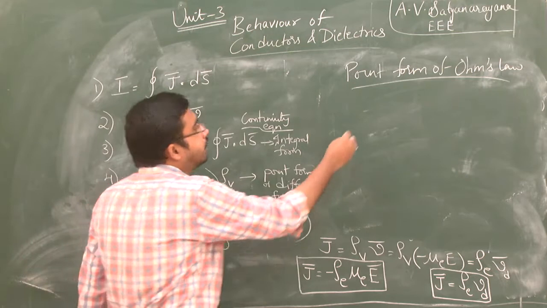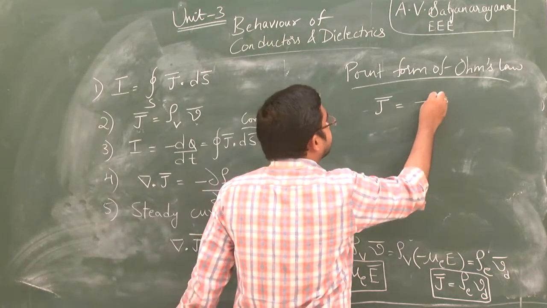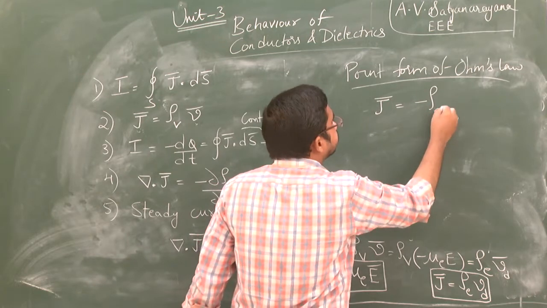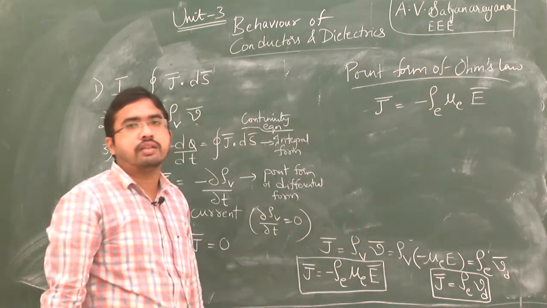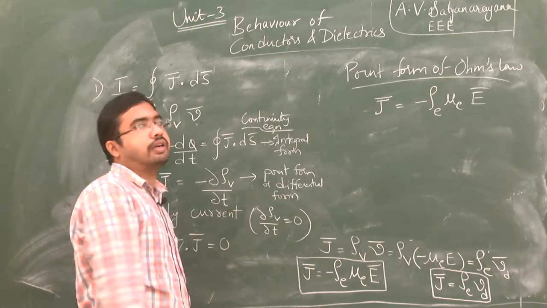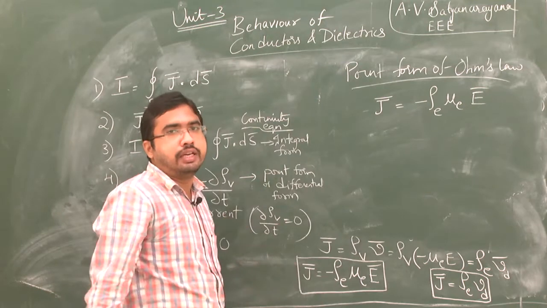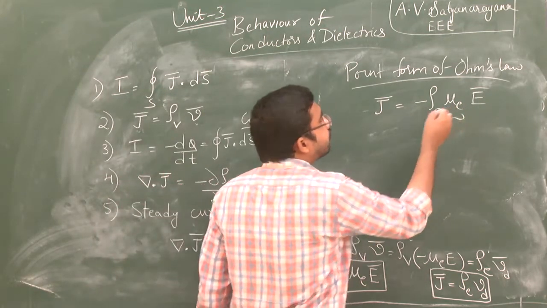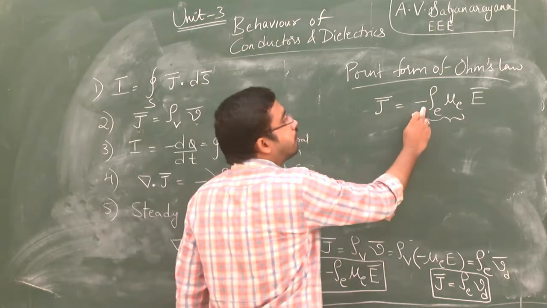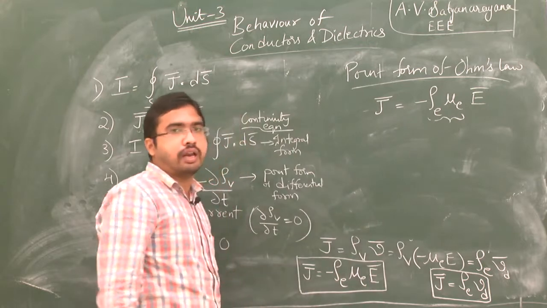So already we obtained the relation J bar equal to minus rho E into mu E into E bar, where J bar is the current density of the conductor and E bar is the applied electric field intensity to that conductor. Here rho E is the charge density of electrons, and mu E is the mobility of the electrons.